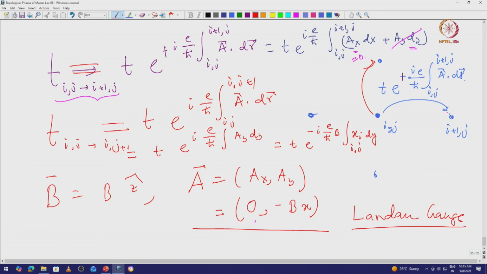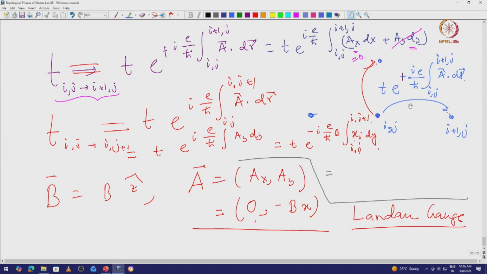So it depends on the parallel substitution along the y direction, j to j plus 1 along this direction, but it depends on at what x value we were substituting it, right.